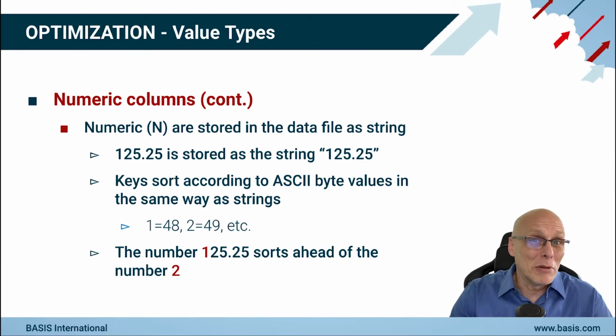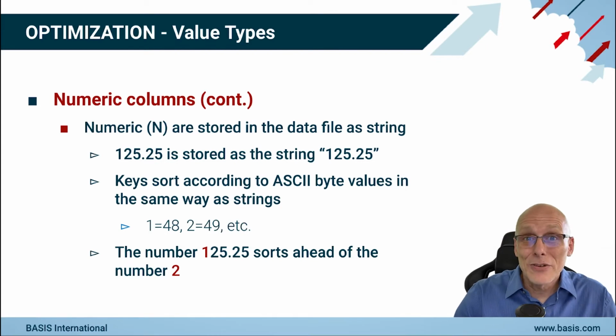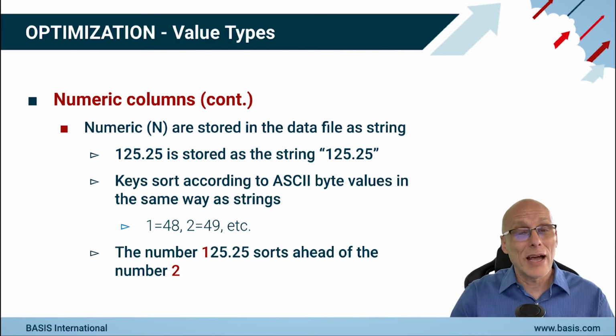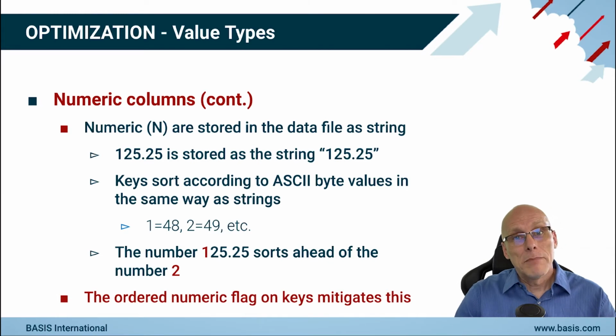So BBJ sees that index and says, well, I can't really use it except for equality. I can immediately jump to a value, but I can't skip over values and iterate because I have no idea whether the values I skip over before or after are going to be valid or not. However, BBJ did add the ordered numeric flag for keys, and this mitigates this problem.